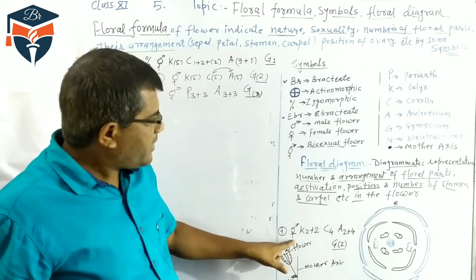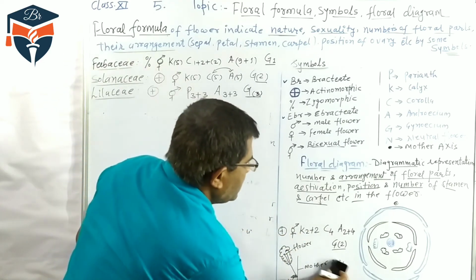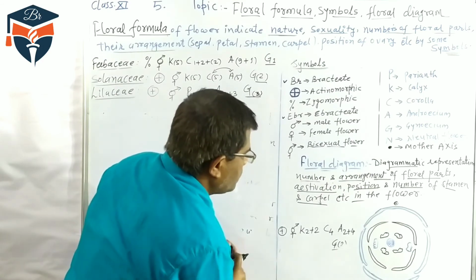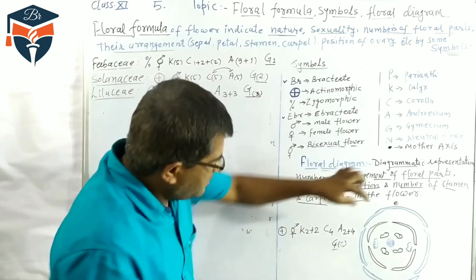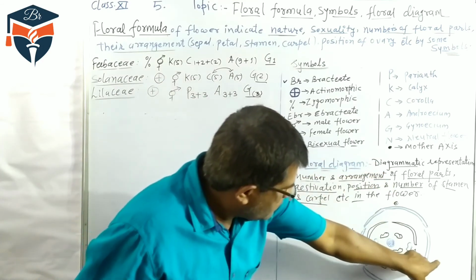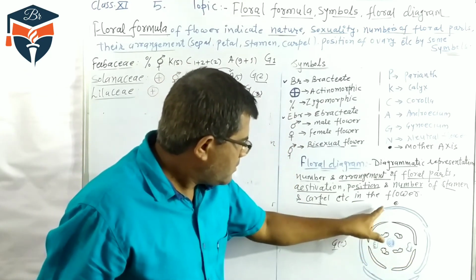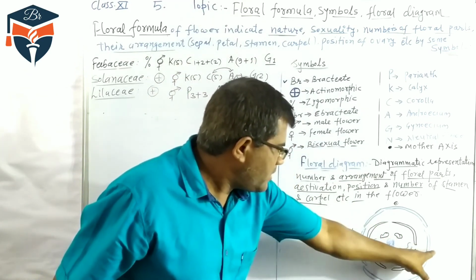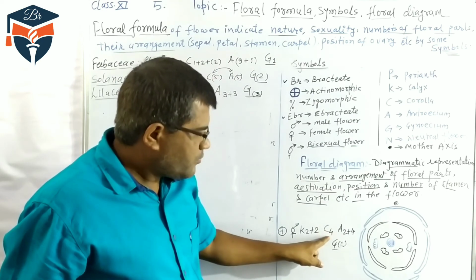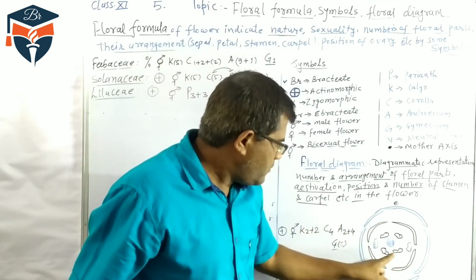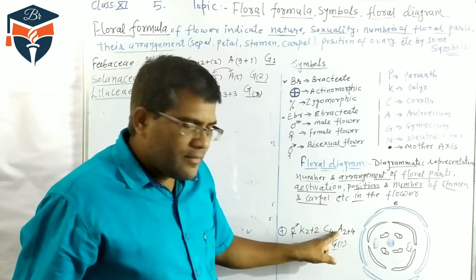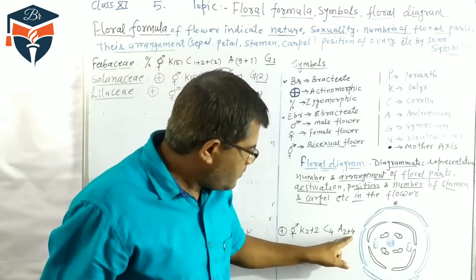So actinomorphic, bisexual, then K 2 plus 2, it means 2 sepals on the outer side, 2 sepals on the inner side. C, petals 4, 1, 2, 3, 4. A, stamens 6, 2 plus 4.